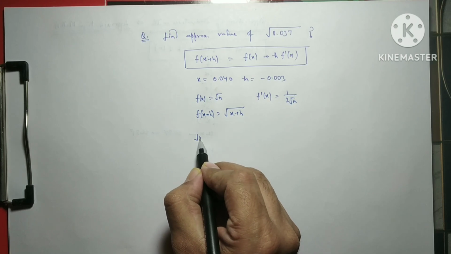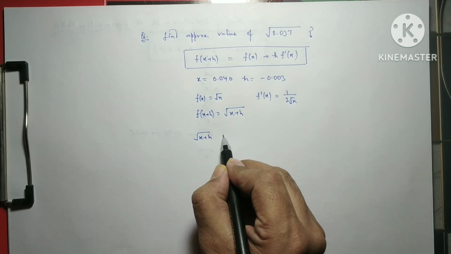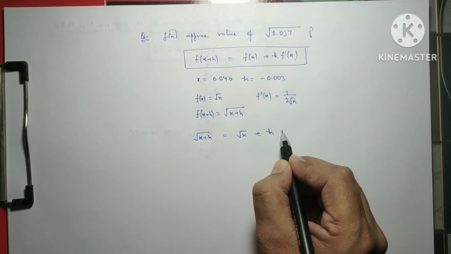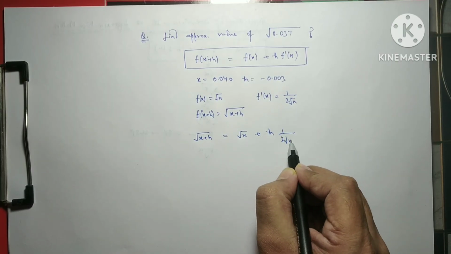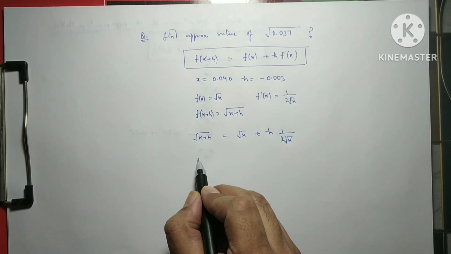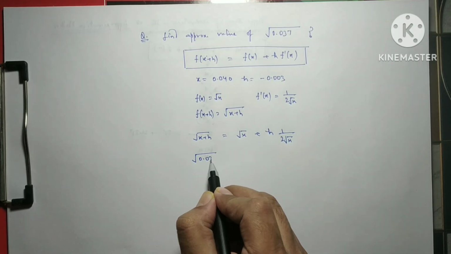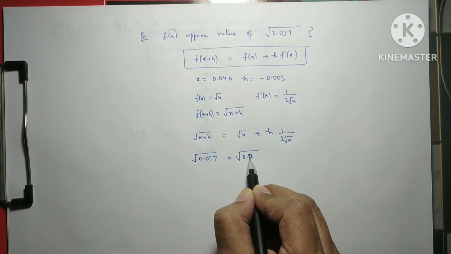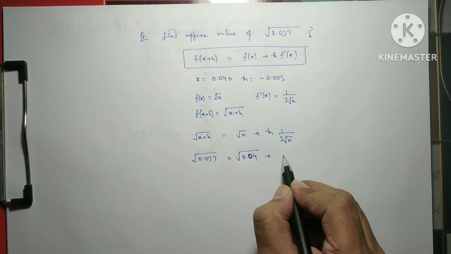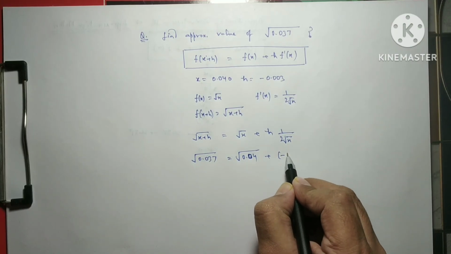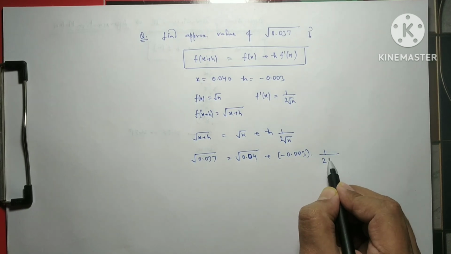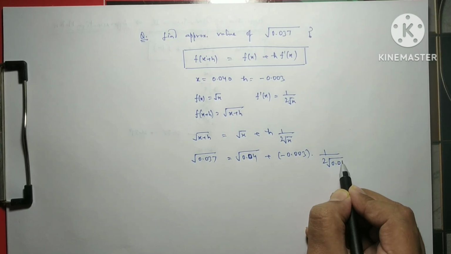So this is root of x + h equals root x + h f'(x), which is 1 over 2 root x. Placing these values, you get root of 0.037 equals root of 0.04, plus with variation minus 0.003, times 1 over 2 root of 0.04.